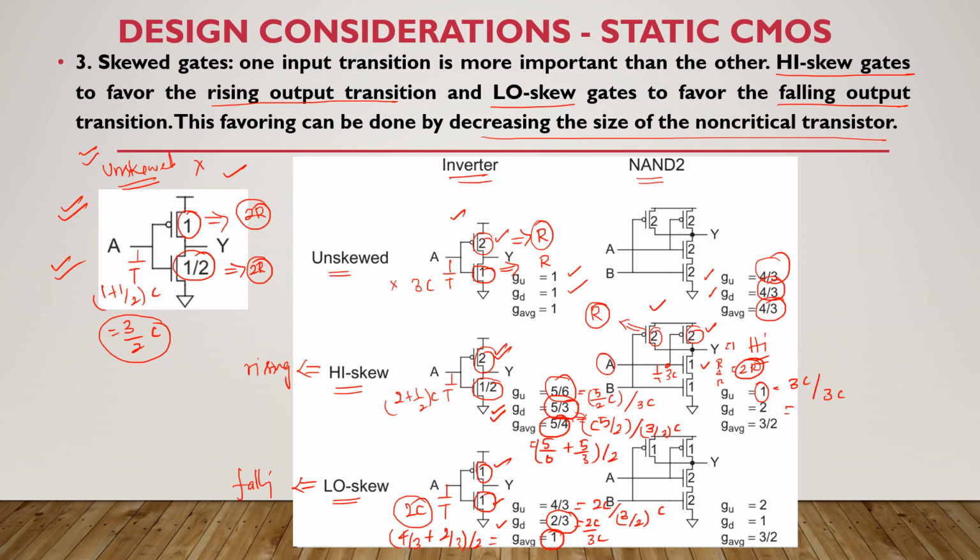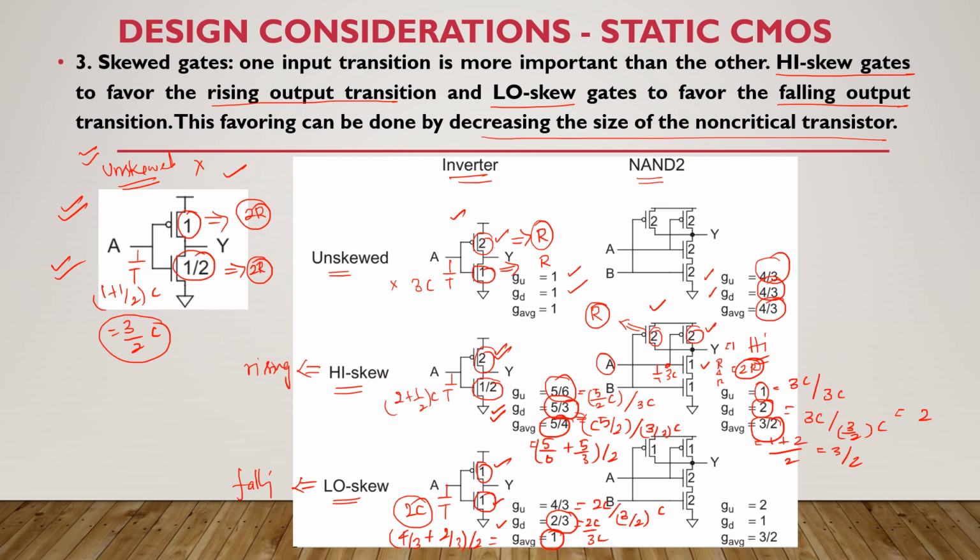The same way, I am considering the input A, I have 3C capacitance, divided by 3 by 2 capacitance. So you will be getting what? The 3 will be cancelled, giving 2. So this is the falling transition. The average is nothing but 1 plus 2, divided by 2. You will be getting 3 by 2. So this is our average logical effort.